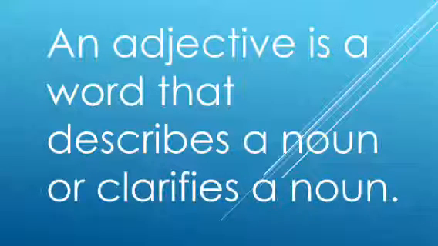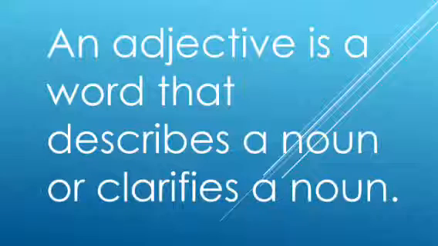But in spoken English, sometimes when nouns are used in sentences, they don't make much meaning. In order for your sentence to make much meaning, you have to use adjectives to describe your nouns. An adjective is a word that describes or clarifies a noun.